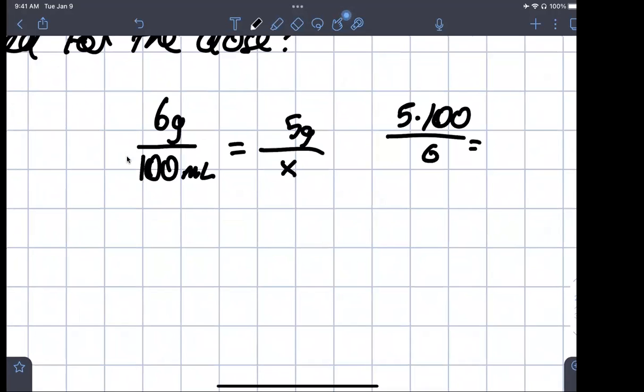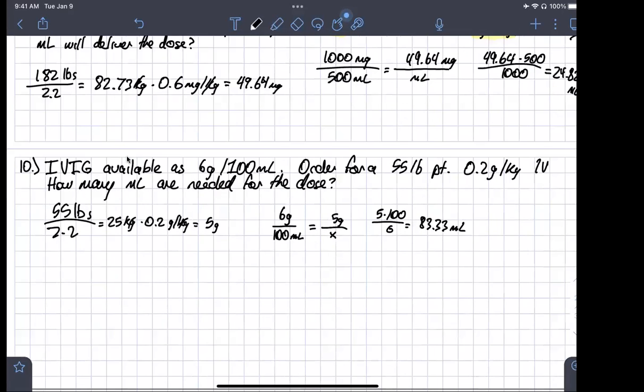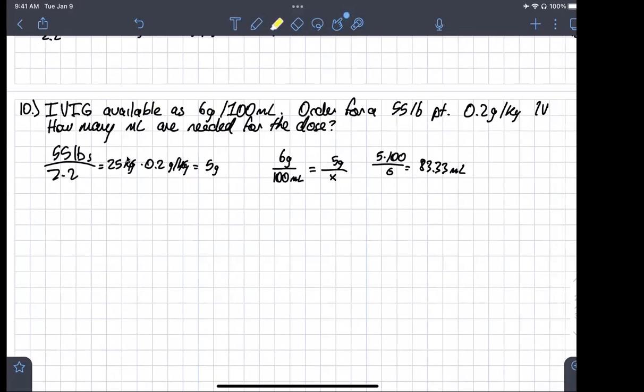And we will get 83.33, which is the correct answer. Once again, you have a concentration of a drug, you have a patient weight, and you have their dose. Okay.